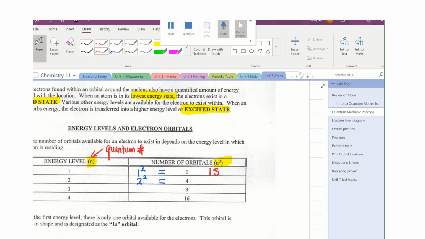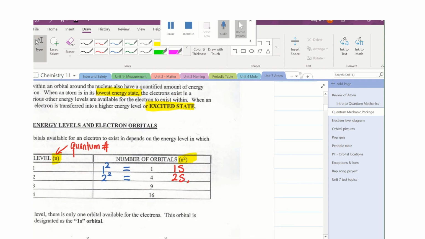What are they? We always start with the s orbital, so at energy level 2 we have 2s, and then we have the 2p orbitals. Remember, p orbitals have 3 types: 2px, 2py, and 2pz.